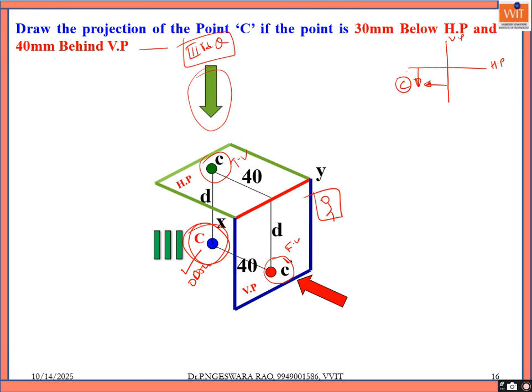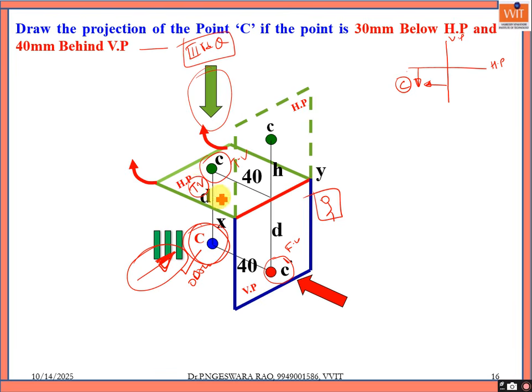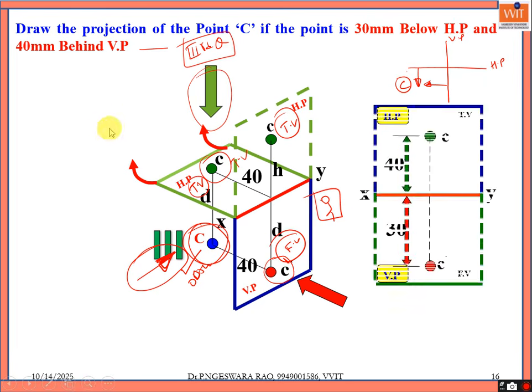Now as usual, rotate the horizontal plane, when we are observing from this side, clockwise 90 degrees. Hence the top view we got here will go upside. This is what we call the top view, whereas the front view is below the XY line. So we can see the solution.